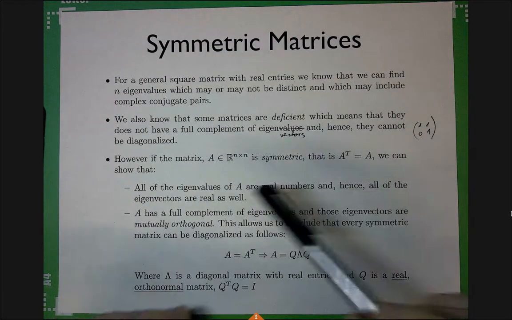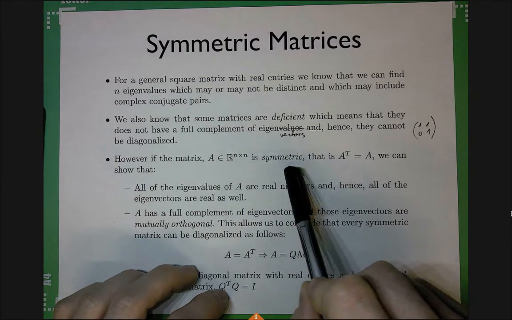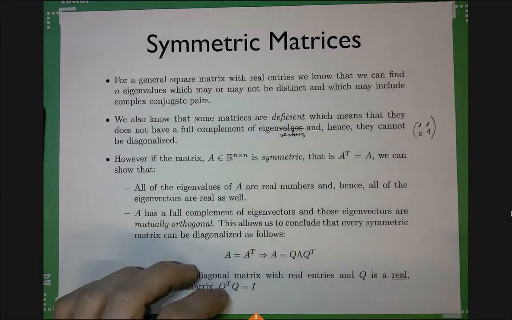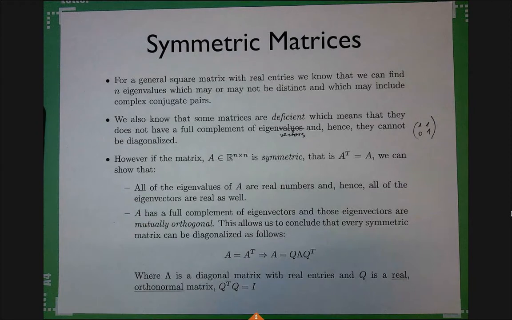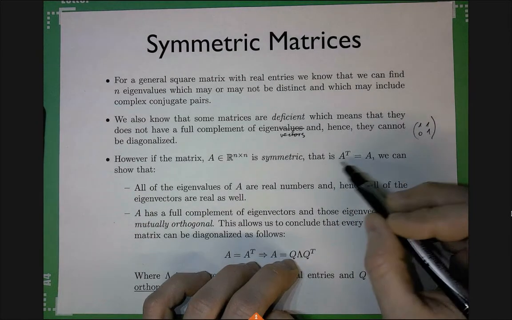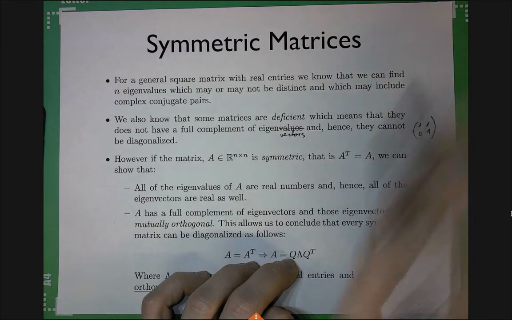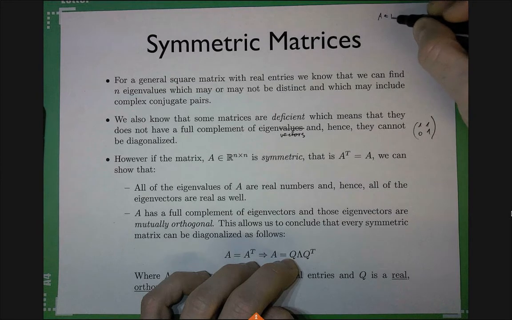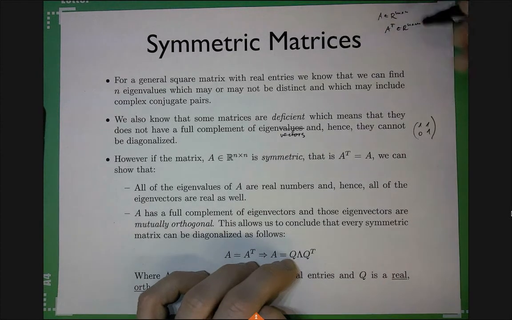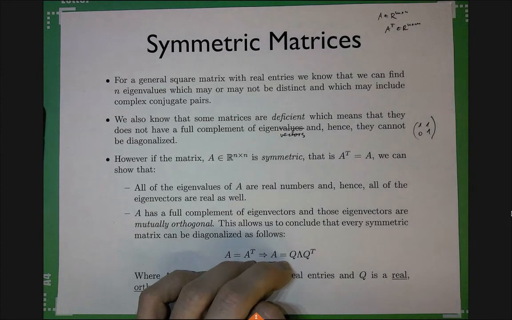If we have a symmetric matrix, by the way, a symmetric matrix automatically has to be square, right? Because it is defined by A transpose equals A, so if A was rectangular to begin with, m by n, then A transpose is n by m, right? There is no way they could match, because the shapes don't match.